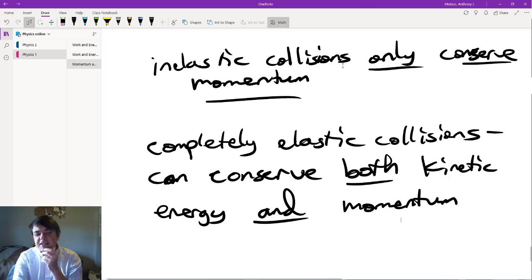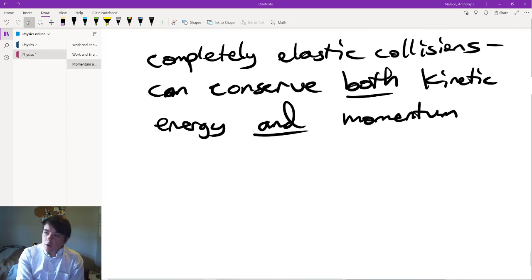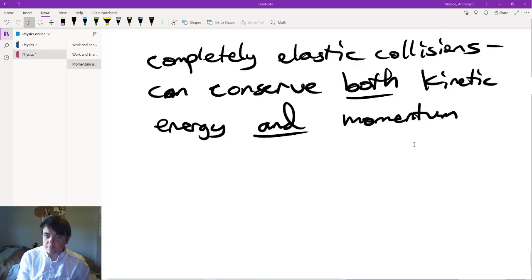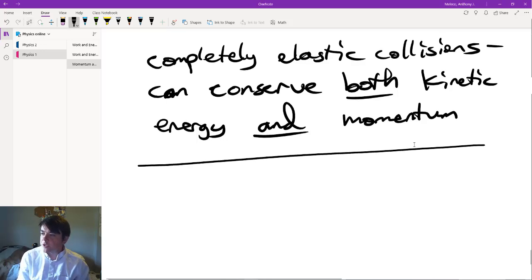And you'll see that actually makes the problems more complicated, because kinetic energy is 1/2 mv squared, and that v squared is usually pretty complicated.